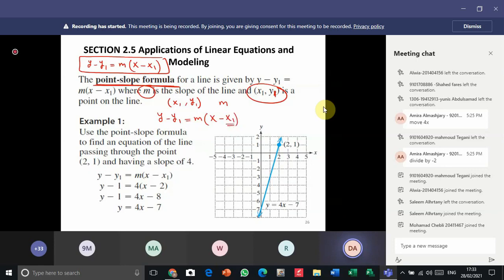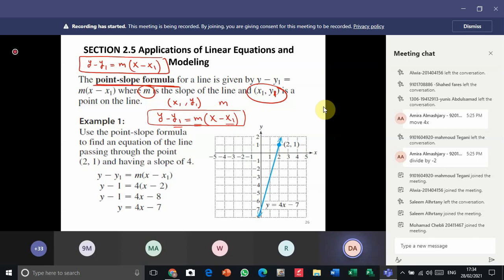The values x1 and y1 are obtained from the point and m from the slope, and we put them in the formula to find the equation of the line.